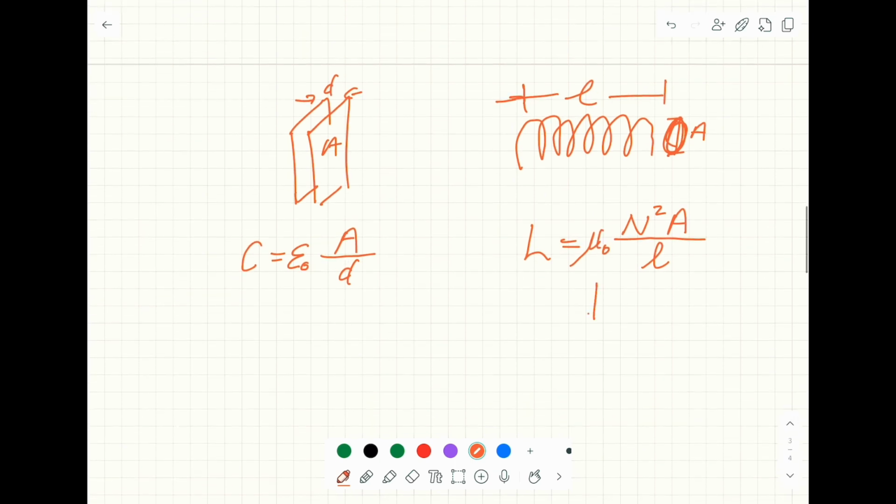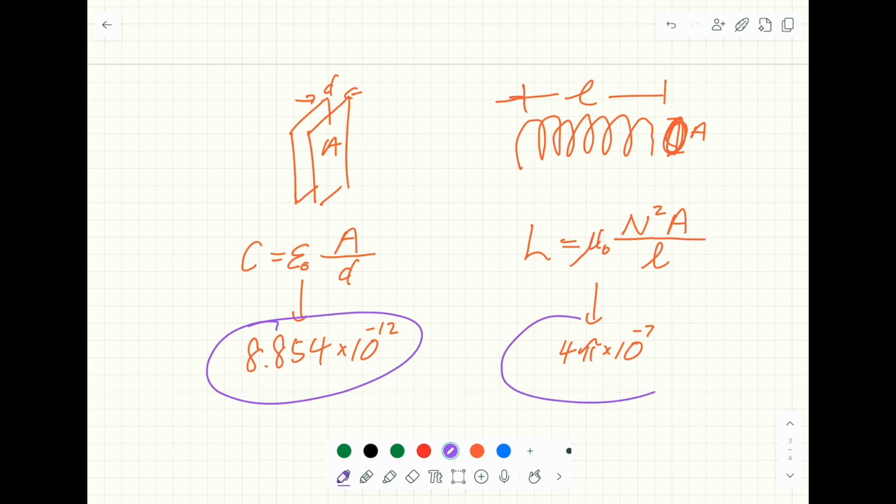Incidentally, this value is a constant, 4 pi times 10 to the minus 7. And this one is 8.854 times 10 to the minus 12. Both of these are constants.